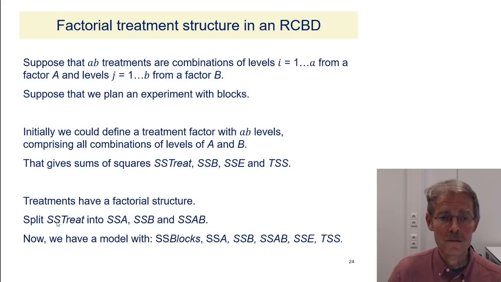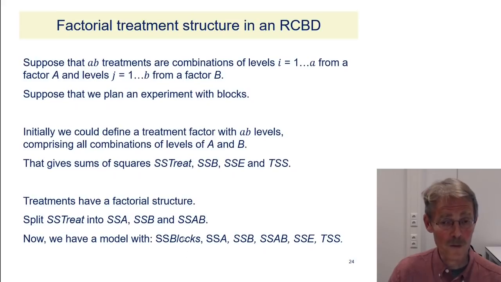And then next I can split, like we did before, my sum of squares of treatments into one for vector A, vector B, and interaction, and end up with a sum of squares for blocks. This one is sum of squares for blocks too. One for main effects for A, one for main effects for B, one for interaction, an error sum of squares, and a total.